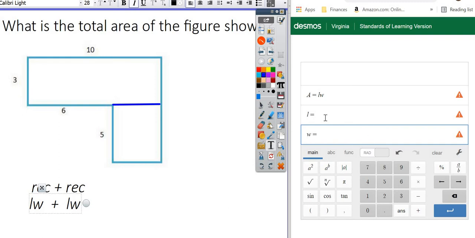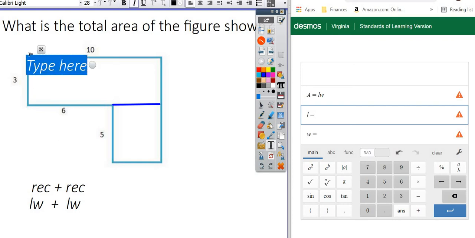Let's come over to our calculator and start by working with our first rectangle up top. This here is the length or the width, whatever you want to call it. And then we also have this up here, which is 10.